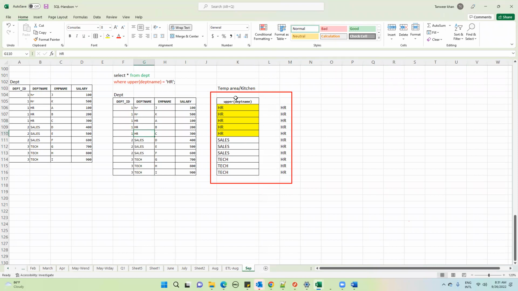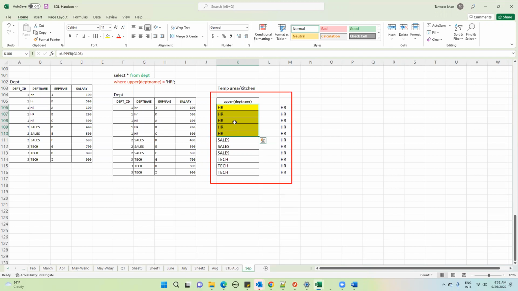Now here your chef has cooked the food, and finally this is your final dish. Then he will call the waiter. Now, does the waiter have your table address where you are sitting in the restaurant? Yes.